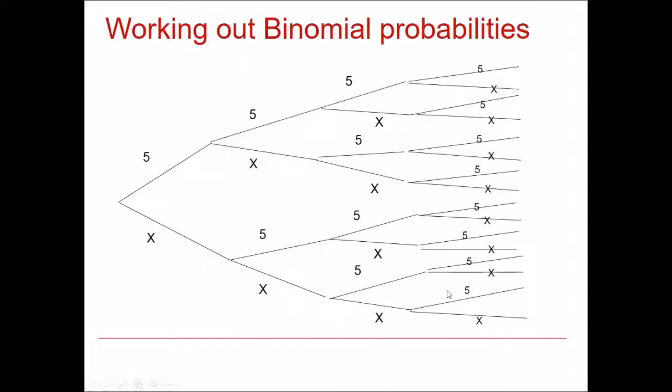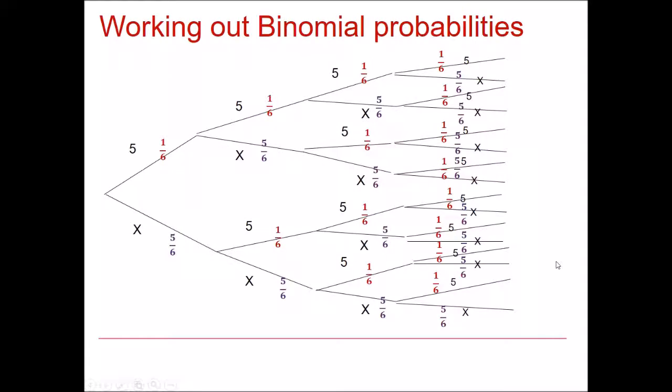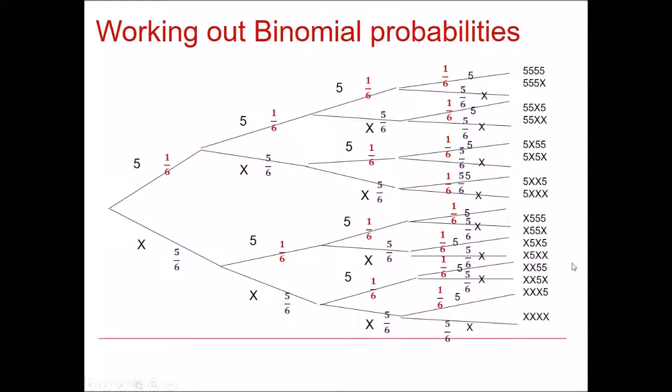Now we could draw this out as a tree diagram. So we have 4 rolls of the dice, and in each case you either roll a 5 or you don't. The probability of rolling a 5 is 1/6, and the probability of not rolling a 5 is 5/6. And we want to know the probability of getting different numbers of 5s by the end. So the outcomes look something like this.